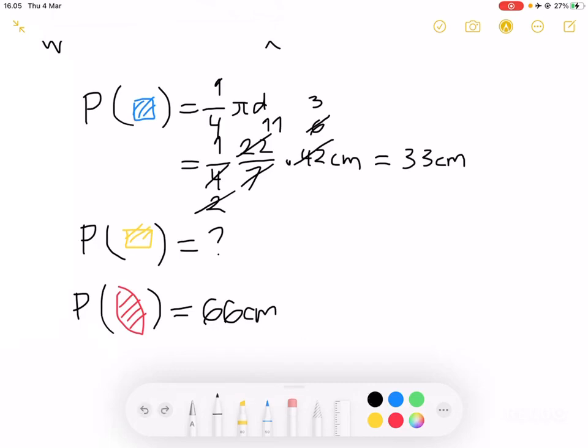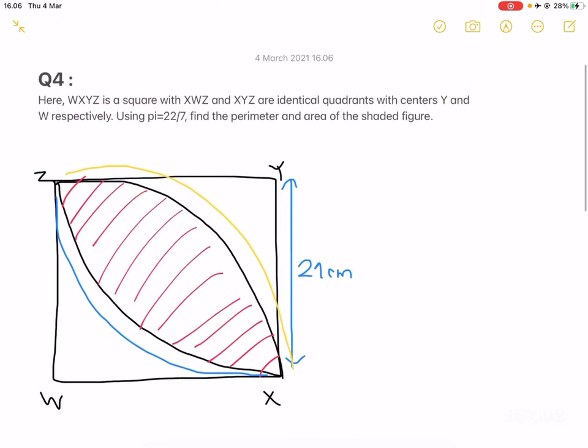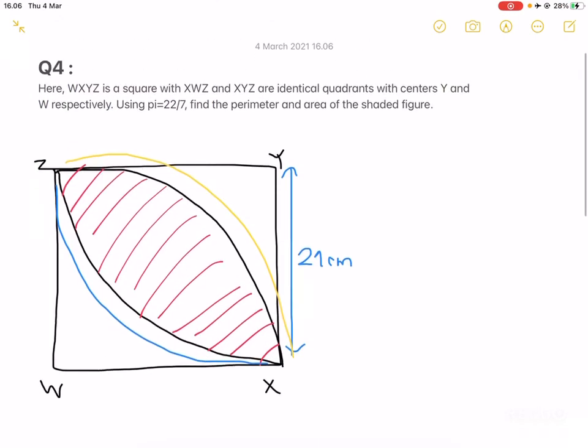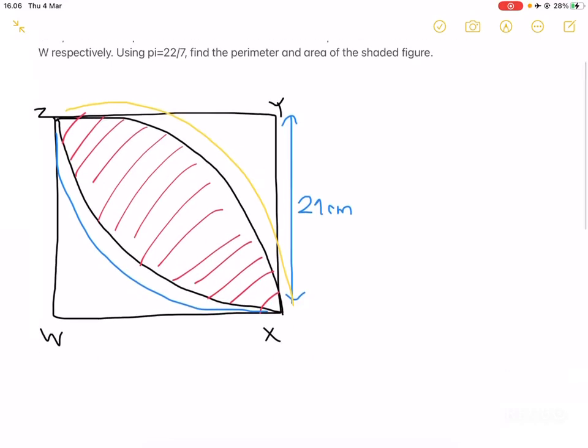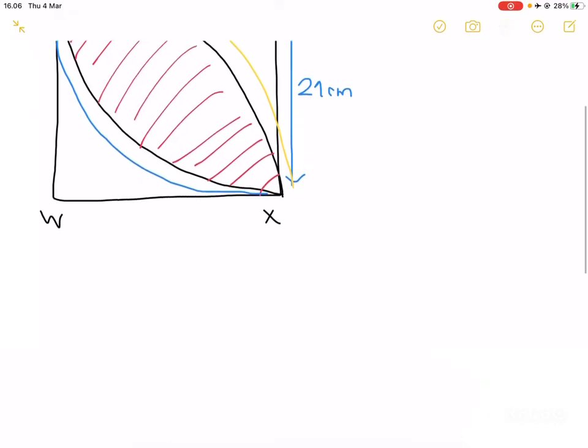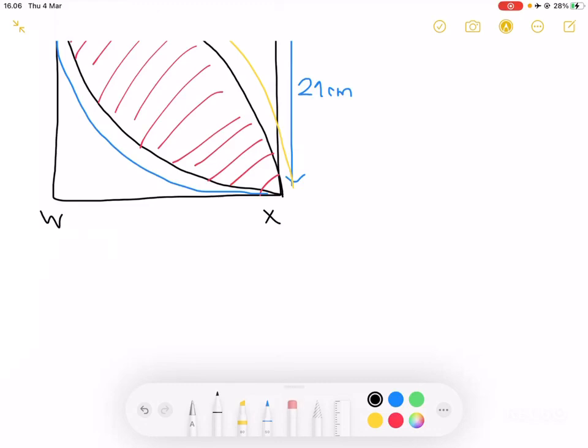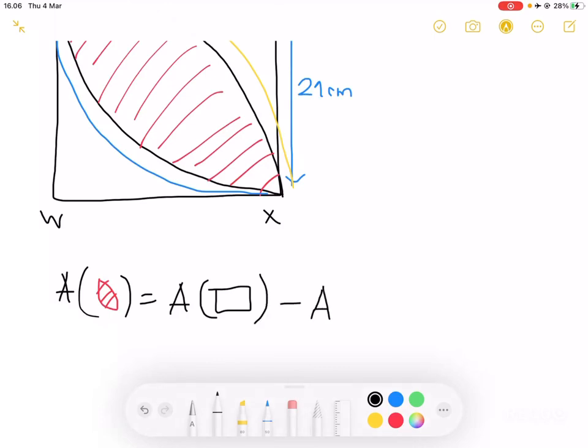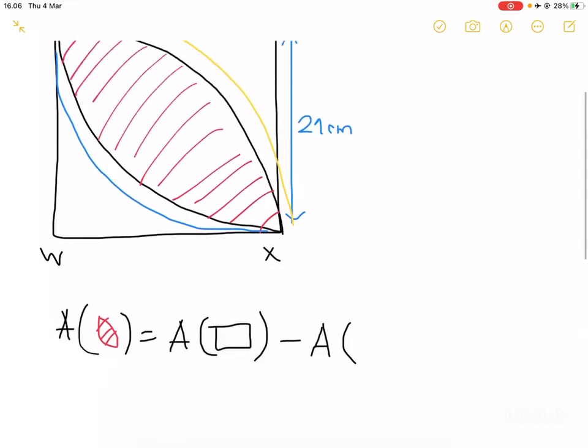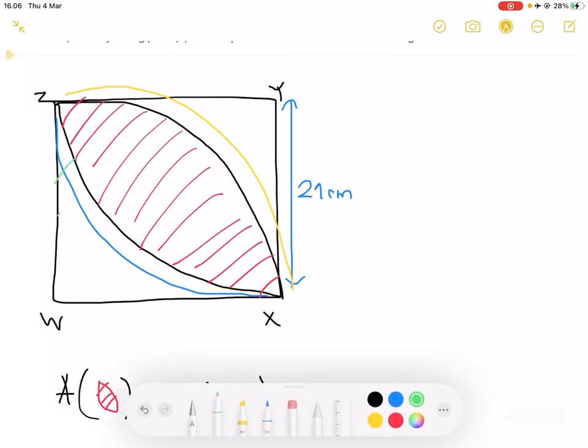Now for the area, I'm just going to clear things up. We can form an equation for the area of the shaded figure. So the area of the shaded figure is equal to the area of the square minus the area of the remaining parts, which are these things right here.